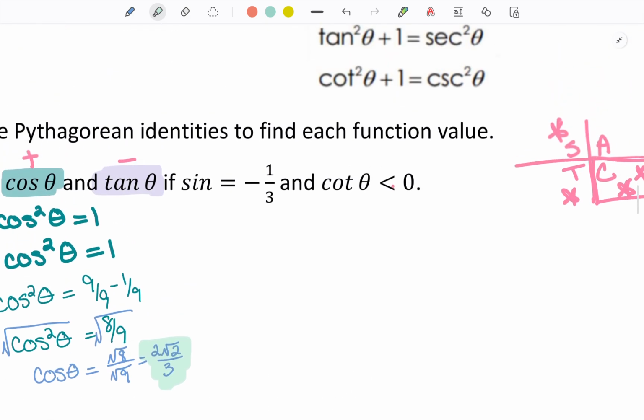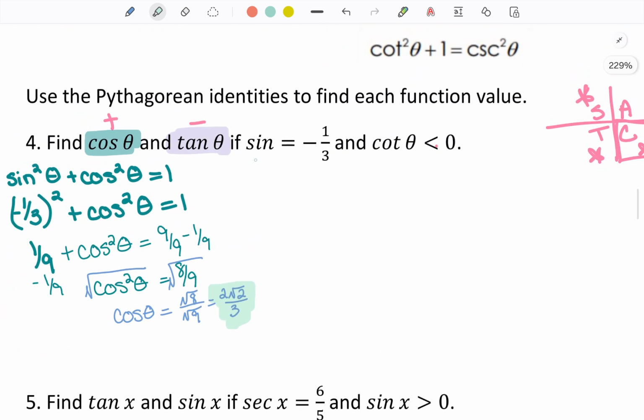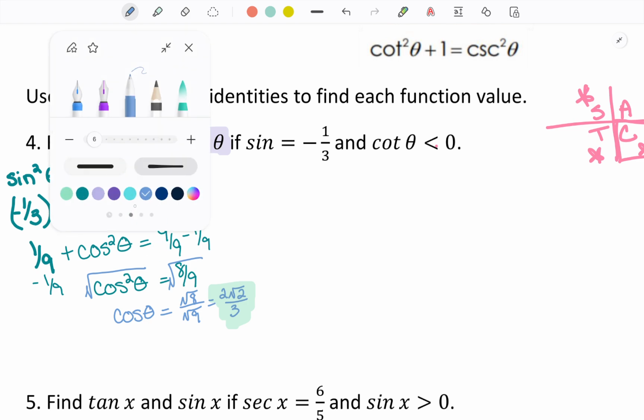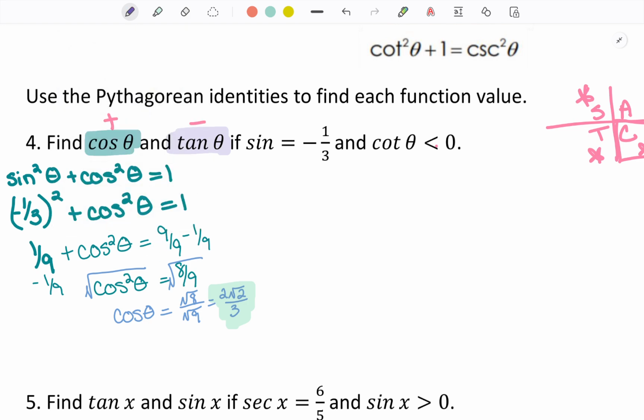So now let's go ahead and find our tangent. So for our tangent, we are going to use our cotangent squared plus 1 equals cosecant squared theta.